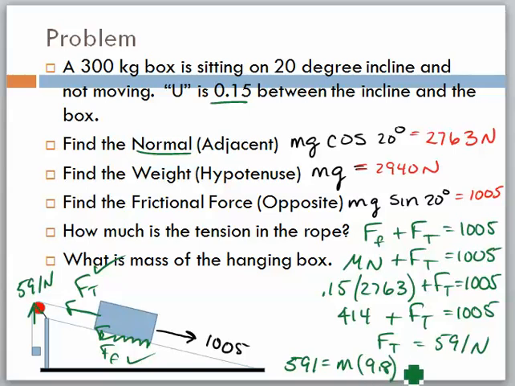If I take 591 and divide it by 9.8, I find out that the mass of this box turns out to be approximately 60 kilograms. And that's the steps. That's the last two components of this.